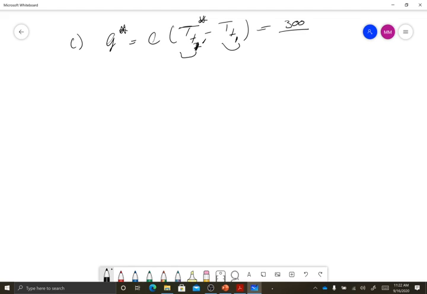Okay, so let's do this. Let's see, which one did we want to solve? 3.4. I'm not sure if it's the same problem as your homework. I don't remember, but I don't think so.